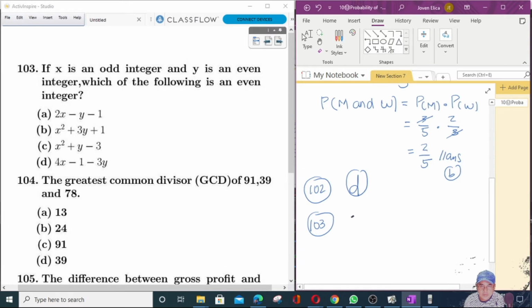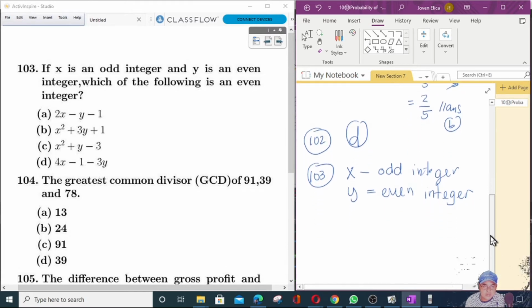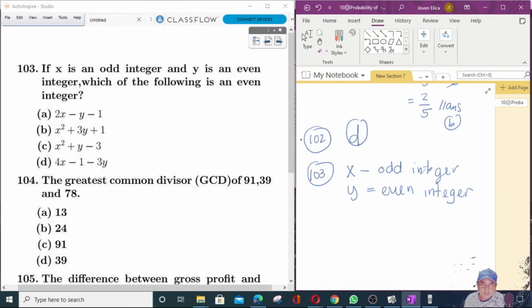He said if x is an odd integer and y is an even integer, which of the following is an even integer? So how can you identify which of the following is an even integer?